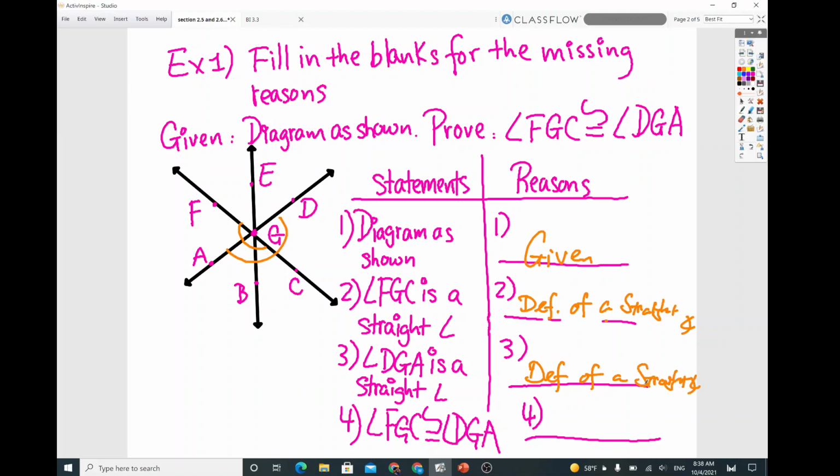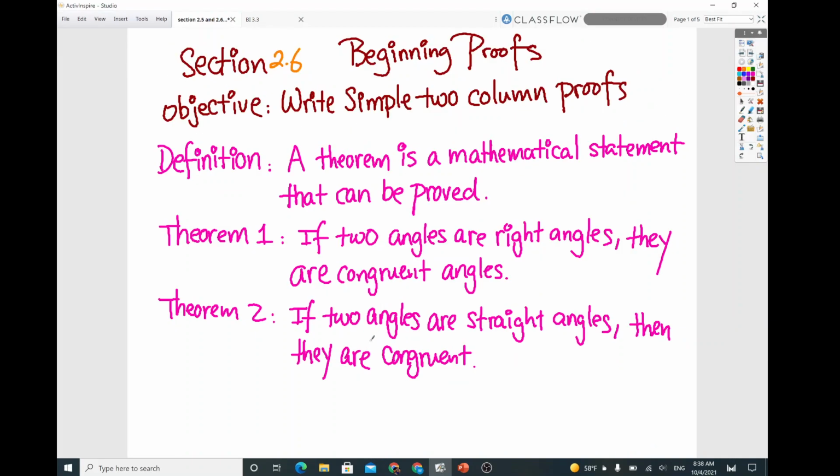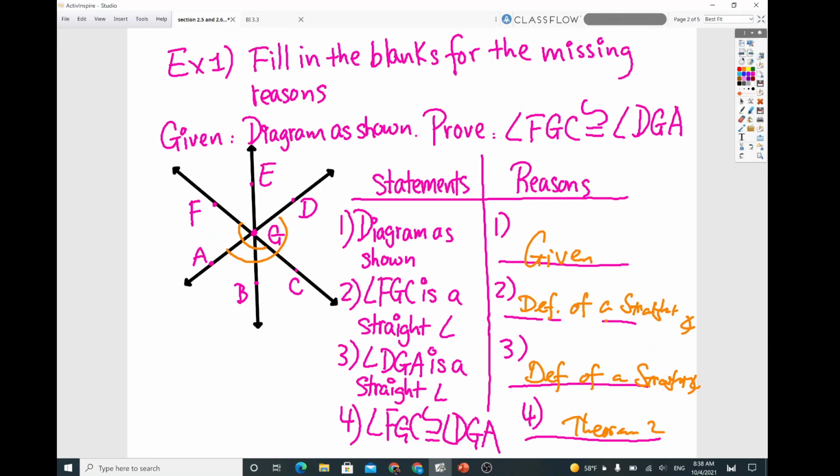And for step 4, the reason would be Theorem 2. Going back to Theorem 2: if two angles are straight angles, then they're congruent. Another thing I can put in here is the definition of congruent angles.